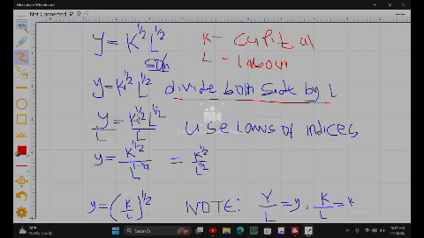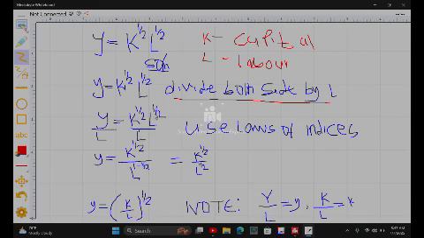So right now, this is my capital raised to the power half, and this is my labor raised to the power half, divided by L. I just left this one because there's one here. Any number raised to the power one. I'm not going to touch this K here. I will leave K raised to the power half, but I'm going to bring this L, raised to the power half, down here so that I can have the same base, L, and I will deal with the exponent.